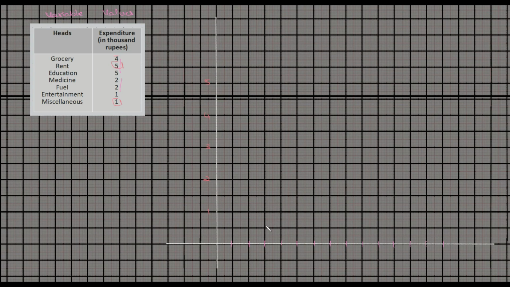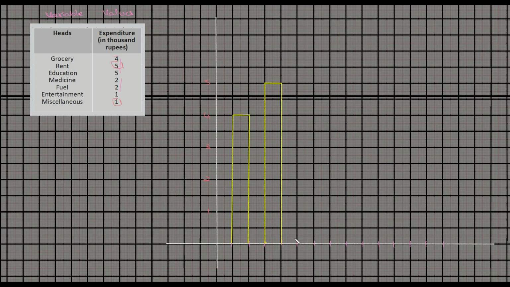So first thing is the grocery, that is of length 4. And the next one is rent, that's of length 5. Then education is also 5.